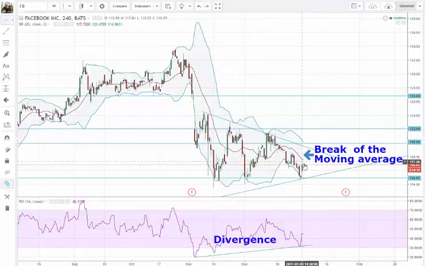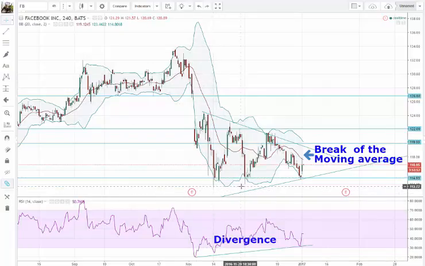Today it came close to the moving average and it got rejected pretty hard, and we're back here. Looking at the indicators, that's what I want to see, especially when price is starting to move in the upward direction. I would like to see price, just like here, move pretty aggressively on the outside of the Bollinger Bands, like it did here as well, but then on the lower outside of the Bollinger Bands.